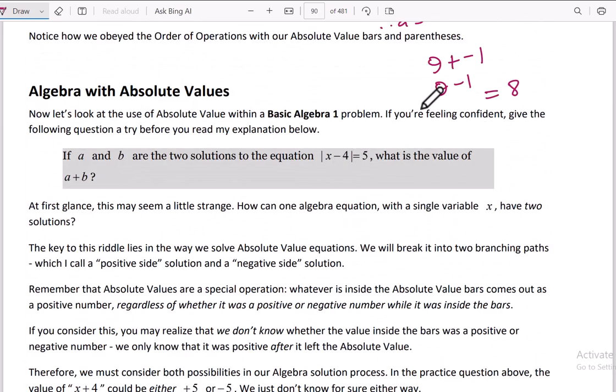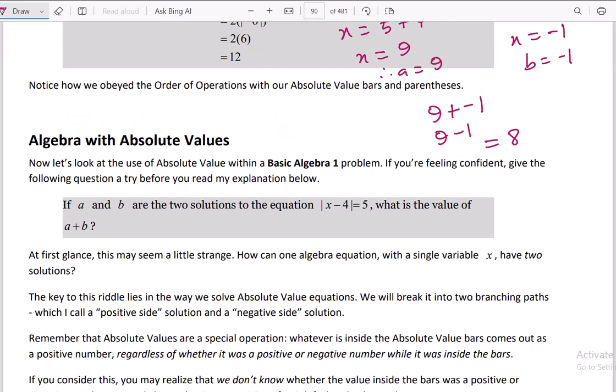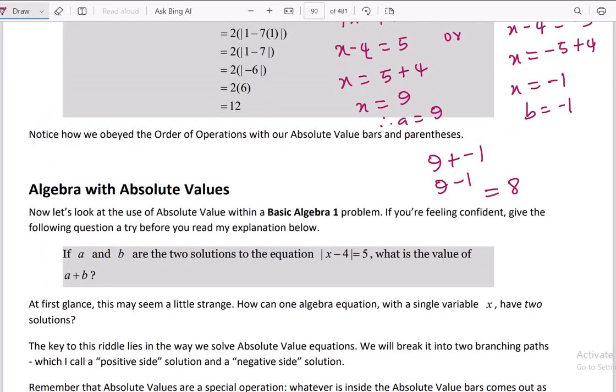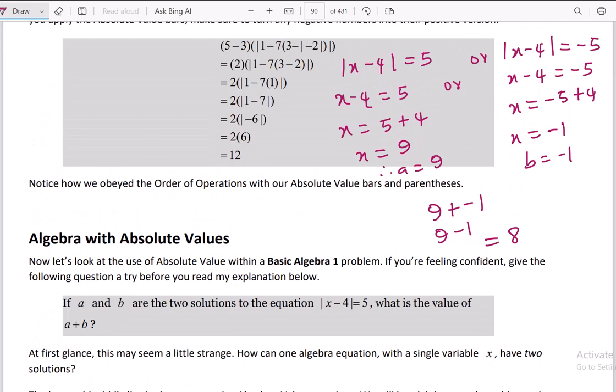Now look at this. We had two values, right? When we solved, we said that x could either be 9 or -1. So let's check this out. From here, let's plug in 9. So 9 minus 4 is equal to 5. It doesn't change anything. Even with the absolute value function, it's still equal to 5.